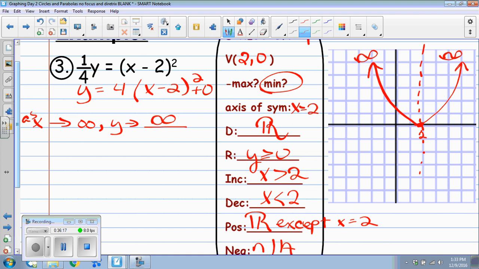That means as x gets larger, y gets larger. And then as x approaches negative infinity, what happens to y? Y also approaches positive infinity. As x gets smaller, y still gets larger. Okay? Any questions?